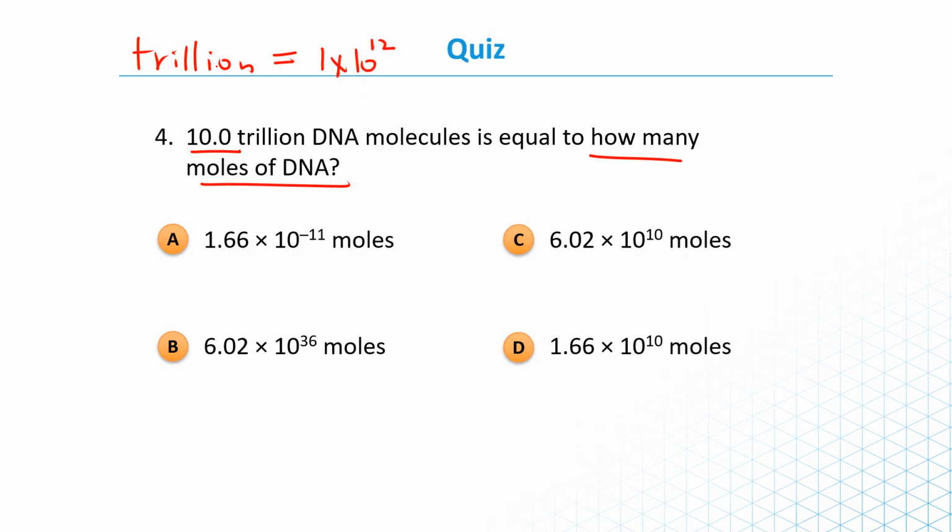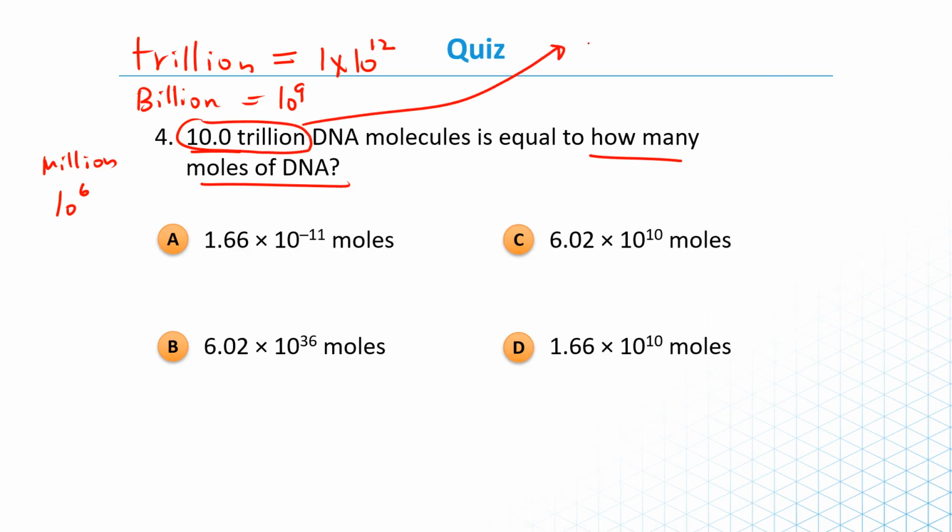That's 12 zeros. The billion has 9 zeros, the million has 6 zeros. Okay, so they're saying you have 10 trillion. What does this mean? It means 10 times 10 to the power of 12, meaning 10 to the power of 13 molecules.